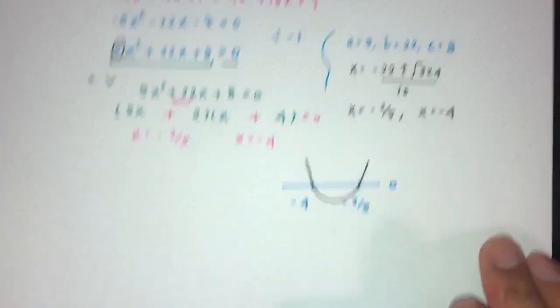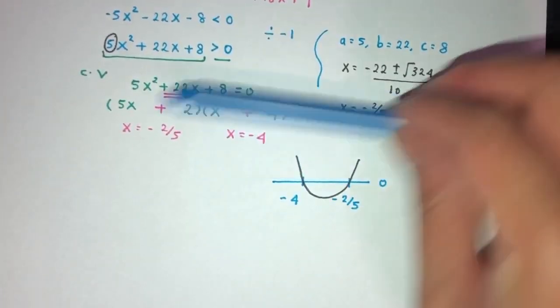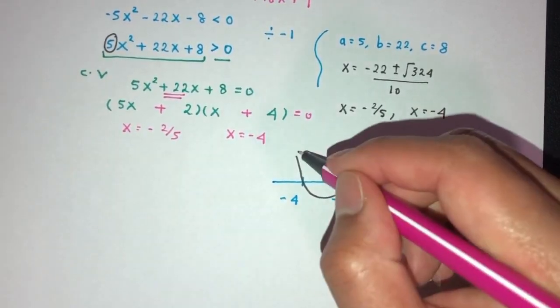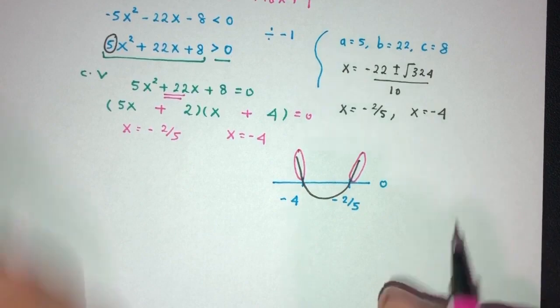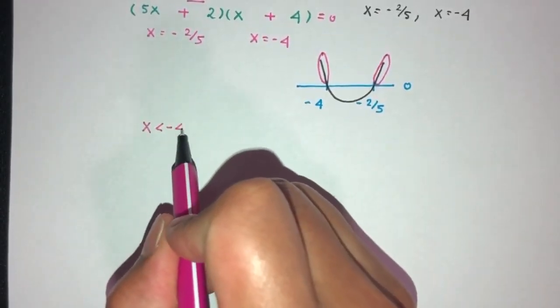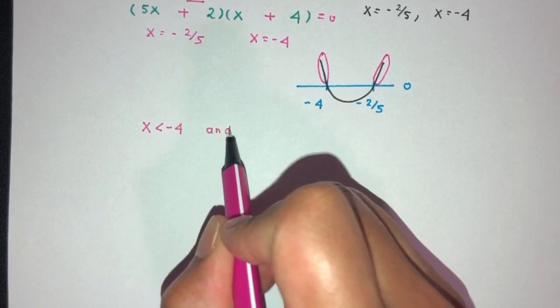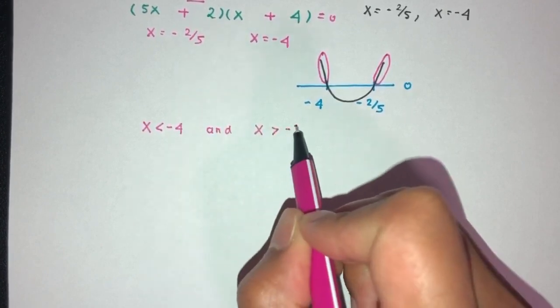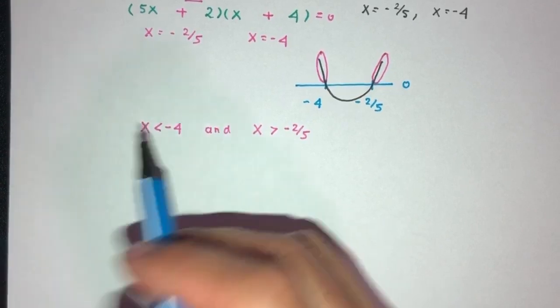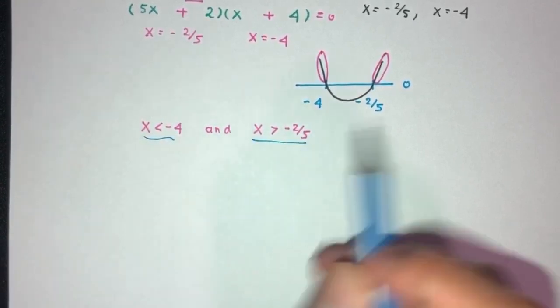Now we want the curve to be more than 0, so above 0. And this only happens for this part and this part. And this is possible when x is less than minus 4 and when x is more than minus 2 over 5. And this is your answer for question number 8.